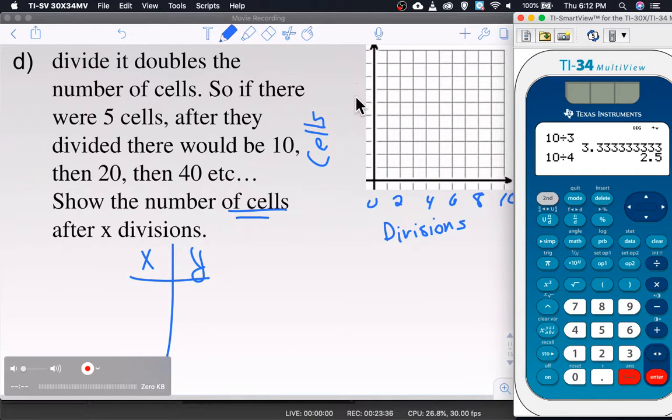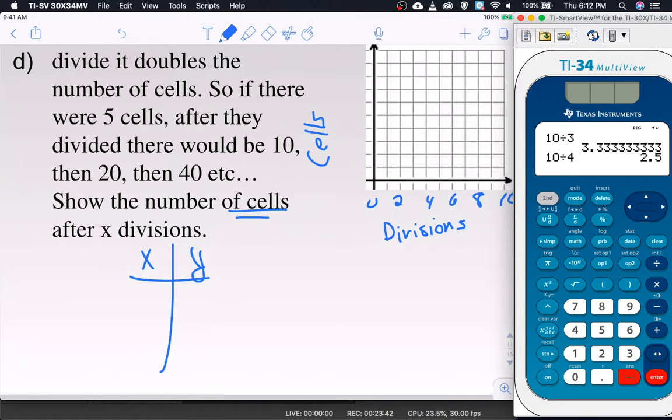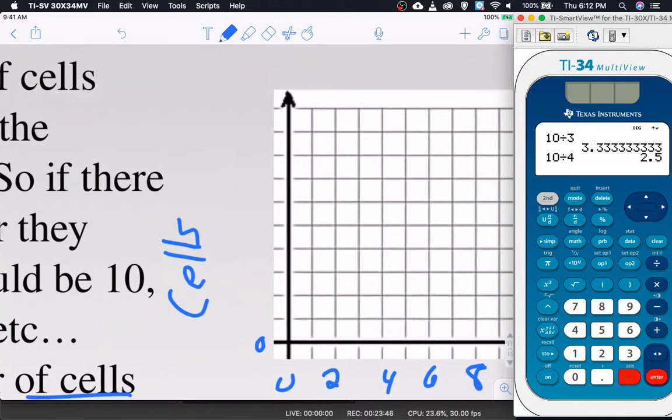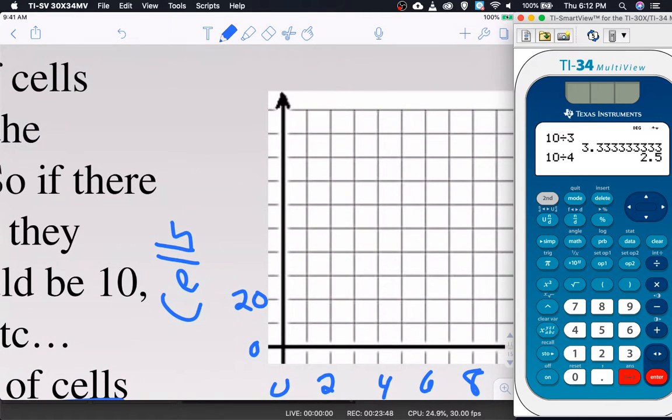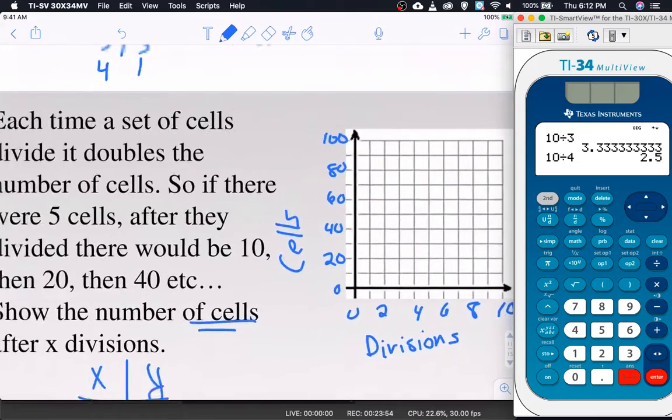I'd count by 10s or 5s or something. I think I'm going to count by 10s. 10, 20, 30, 40, 50, 60, 70, 80, 90, 100. That gives me plenty of room to grow.